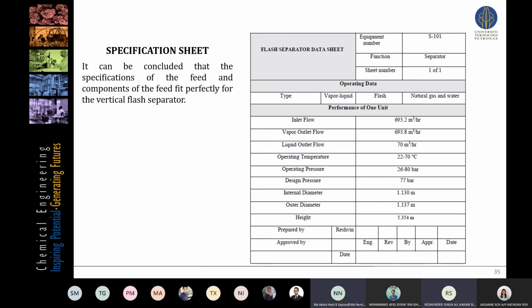It just says normally gas from reservoir is saturated with water. So we assumed it was very less, about just 1%. Why do you assume 1%? Because it says saturated with water, so we assume it's not that much. Therefore, we used a flash separator instead of a normal two-phase separator.